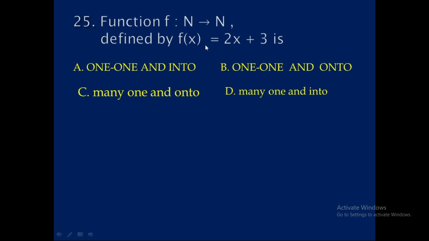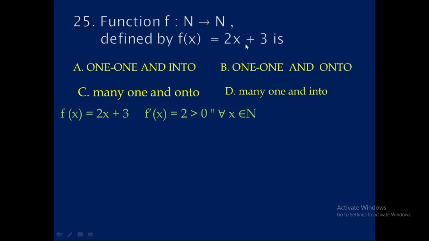Directly verify the given function f(x) = 2x + 3. N is the domain, the set of all natural numbers. Take x1 and x2 as any two natural numbers. If f(x1) = f(x2), then clearly x1 = x2. Or using differentiation, you get 2, which is always positive.